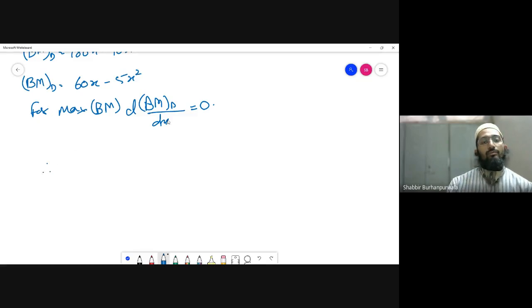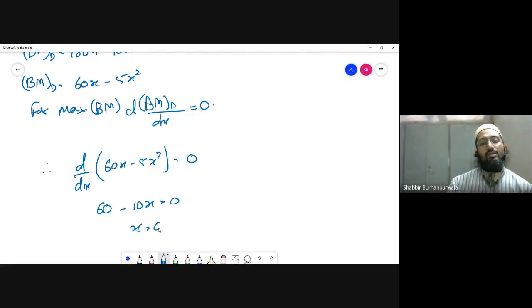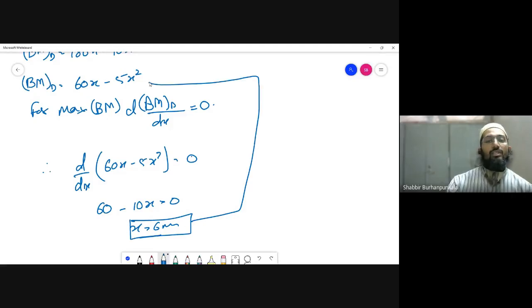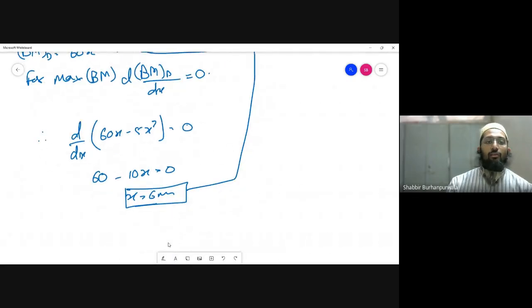So d/dx of (60x minus 5x square) is equal to 0. So 60 minus 10x is equal to 0. So x is equal to 6 meters. When we have x equal to 6 meters, we can substitute this into the bending moment equation and get the value of bending moment.